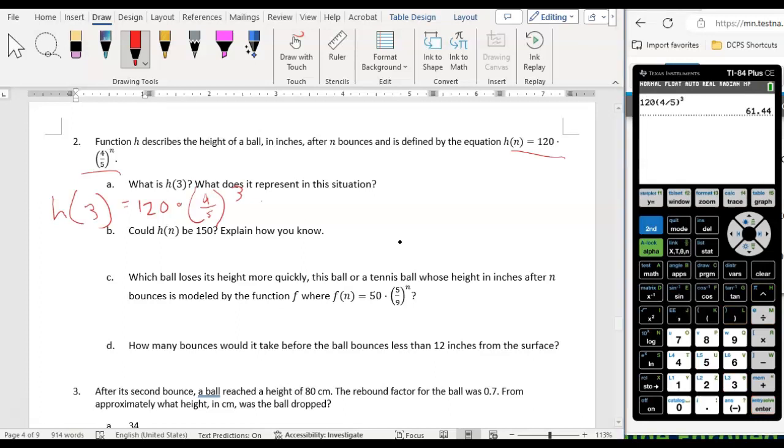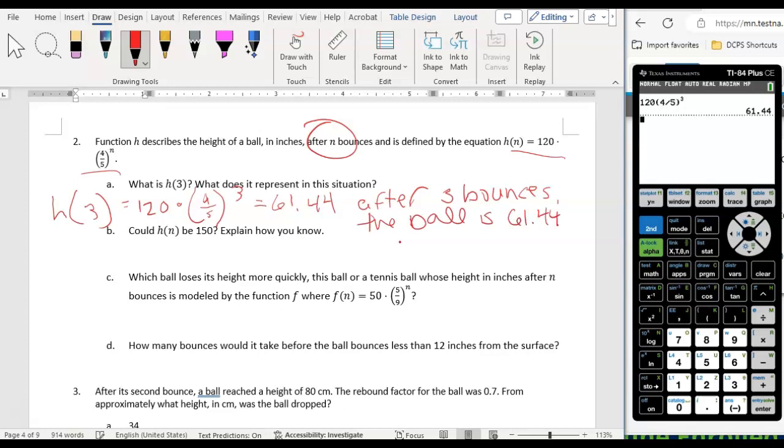And we get 61.44. And this means after 3 bounces, the ball is 61.44 inches.